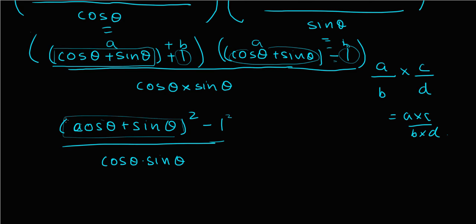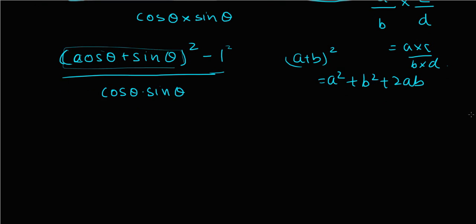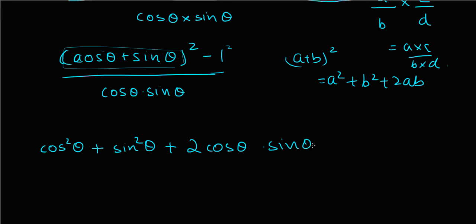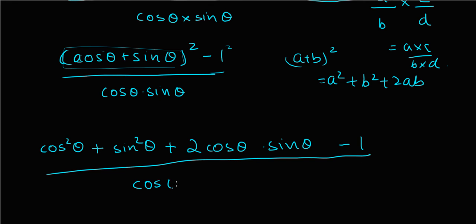So now expanding this using the formula a plus b the whole square, which is a square plus b square plus 2ab. So I have a square, cos square theta, plus sine square theta, that's my b square, plus 2ab minus 1 by cos theta into sine theta.